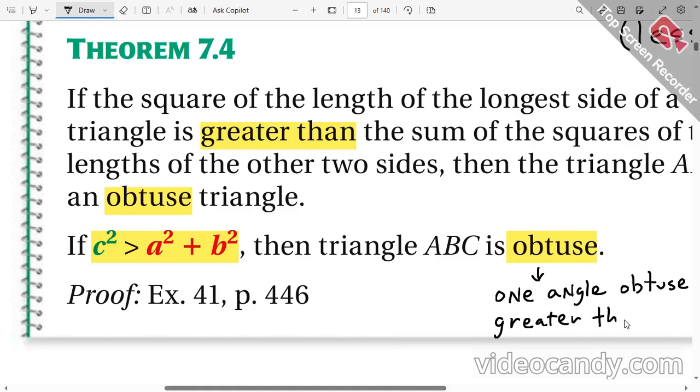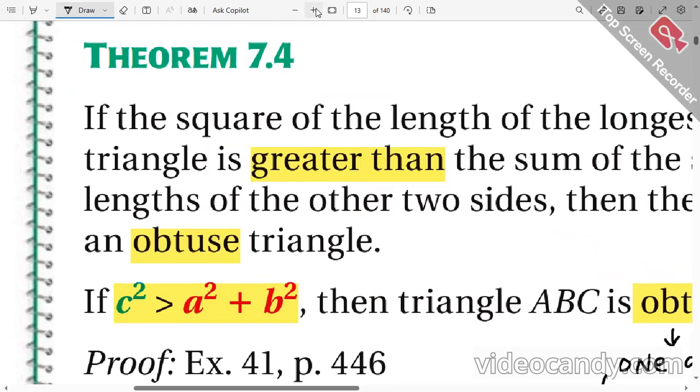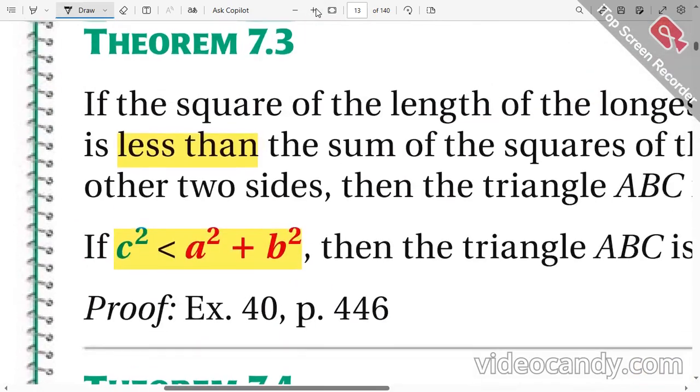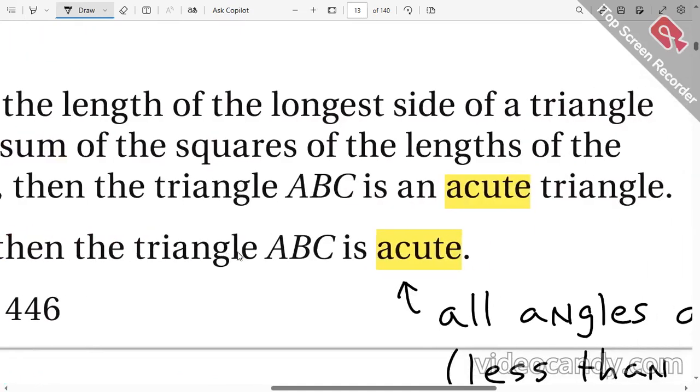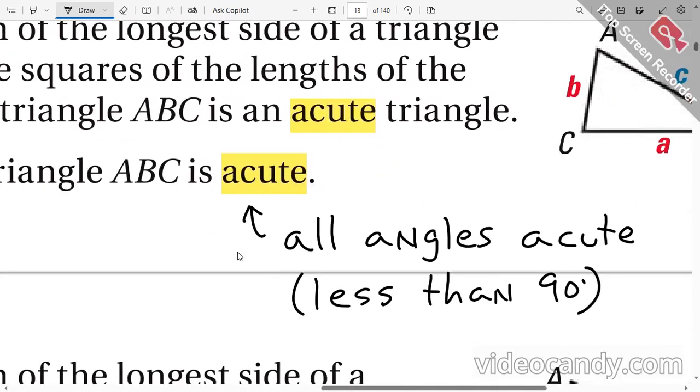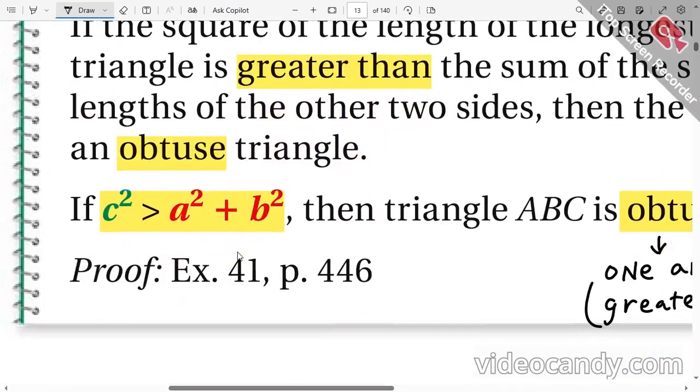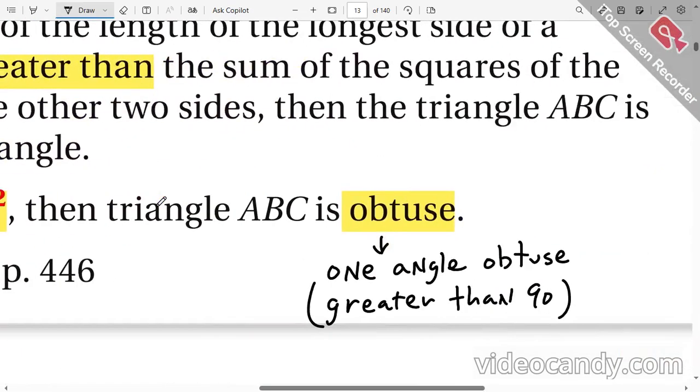Greater than 90. All right, so if C squared is less than, it's going to be acute. All angles are acute, less than 90. And if C squared is greater than, it's going to be obtuse. The one angle is obtuse or greater than 90.